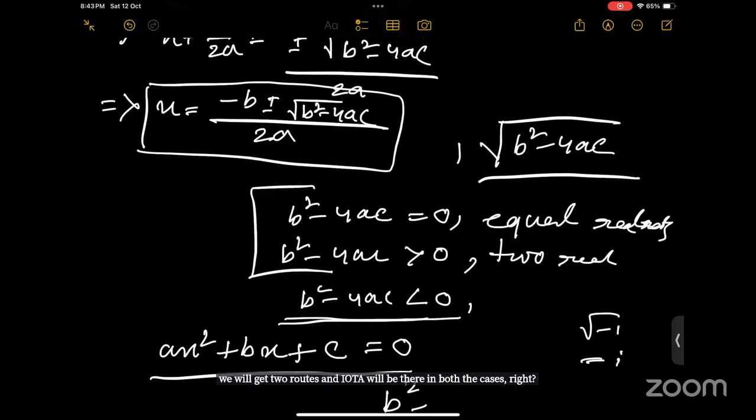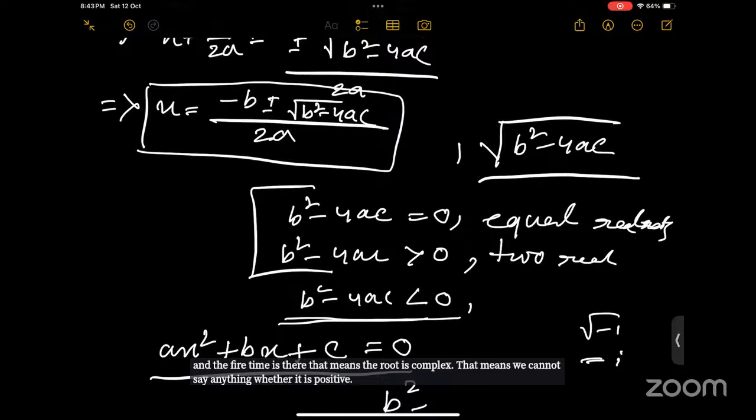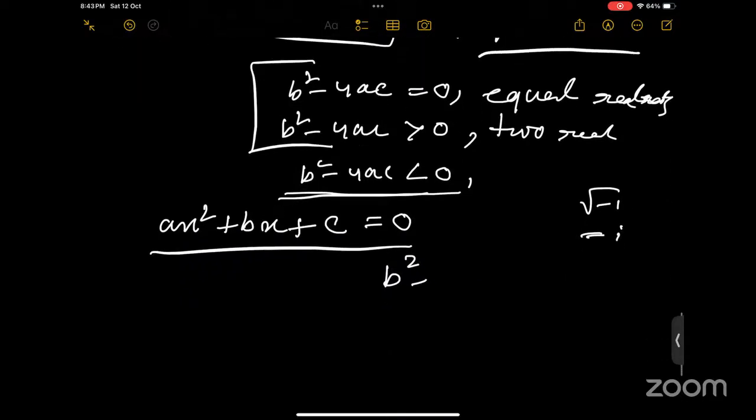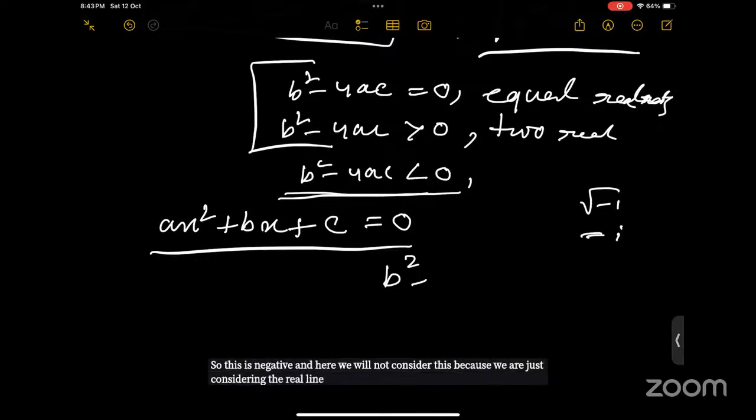If iota is there, the root is complex, so we cannot say whether it is positive or negative. Here we are just considering the real line, so we will not consider the complex cases.